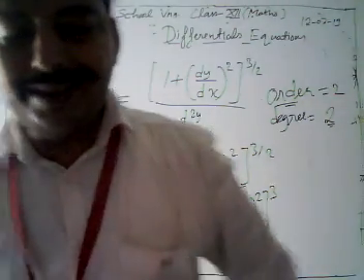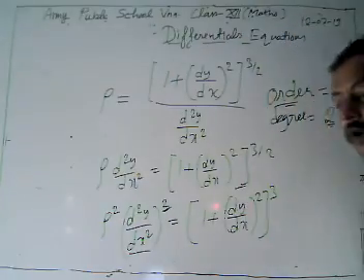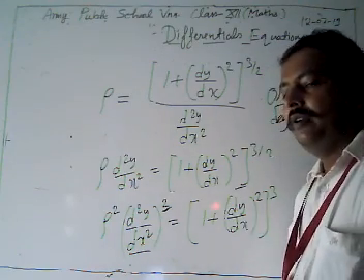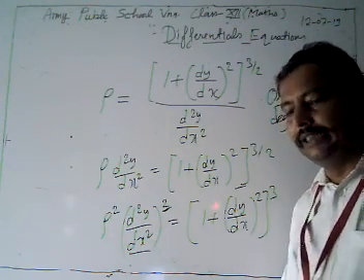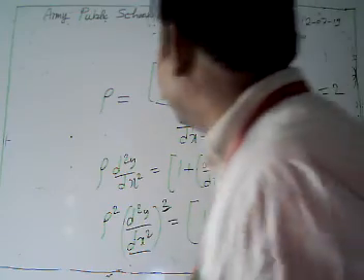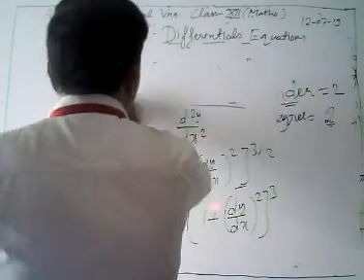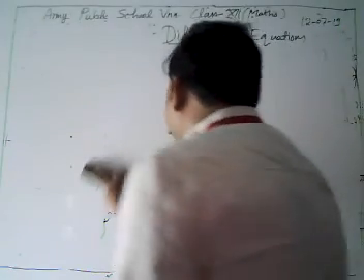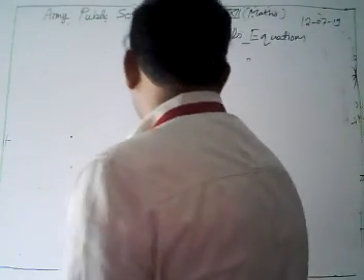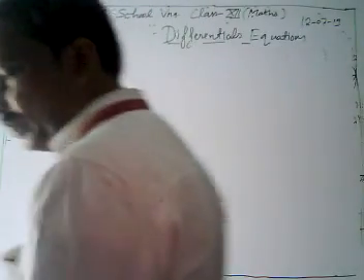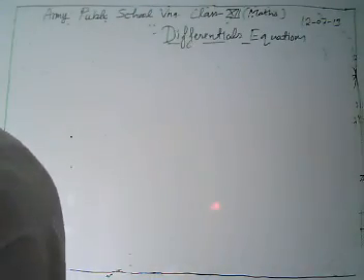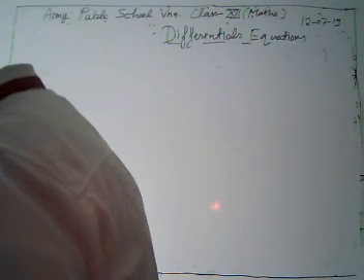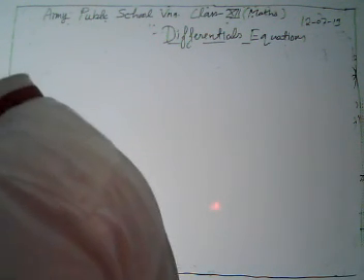Now look, in the starting we discussed that there are some problems in which the degree is not defined, where we cannot find the degree. So we are going to create such an example.